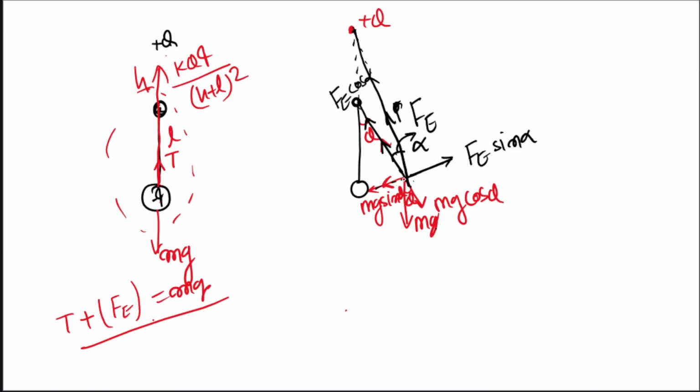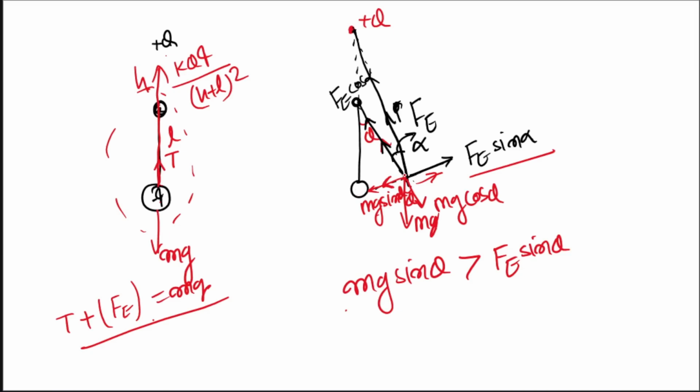The force in this direction will only act if mg sin theta is greater than Fe sin alpha, right? So mg sin theta has to be greater than Fe sin alpha. Because look, if Fe sin alpha becomes bigger, then a net force acts on this pendulum in this direction, and in that case, after a small displacement, it has no desire or willingness to come back to the original position. Done it?